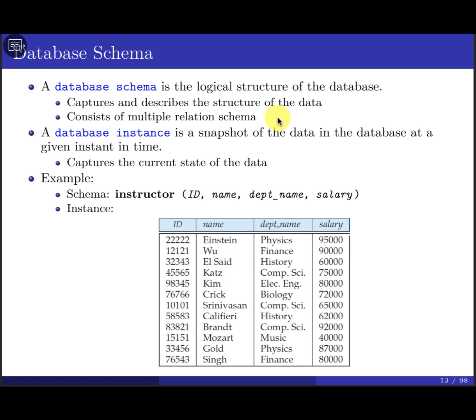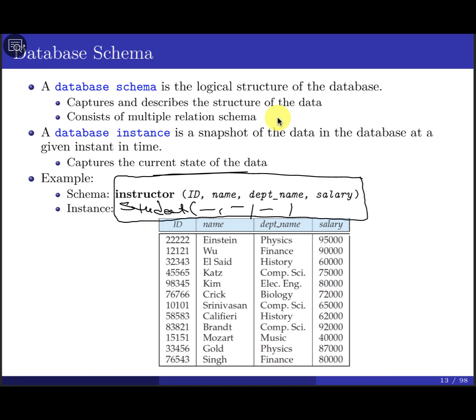For example, in the relation university, we have an instructor, maybe you have a student. And the student is going to have a specific schema here. So when you talk about the database schema, I'm going to say the database schema is composed of two schemas, each representing one relation that belongs to the database, with the assumption that we have only two schemas in this database.